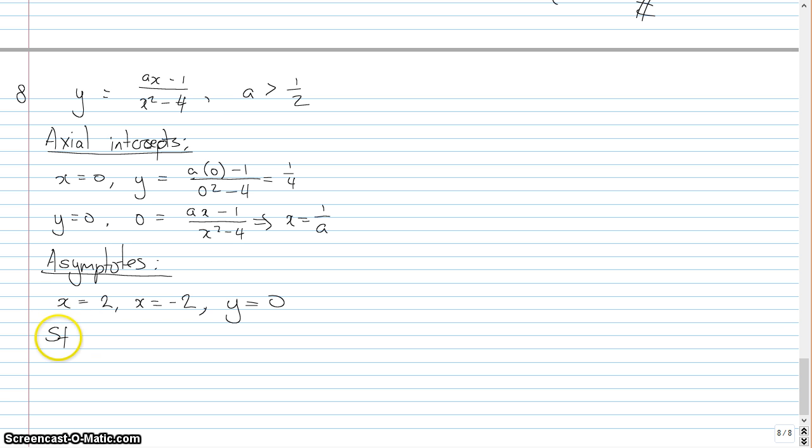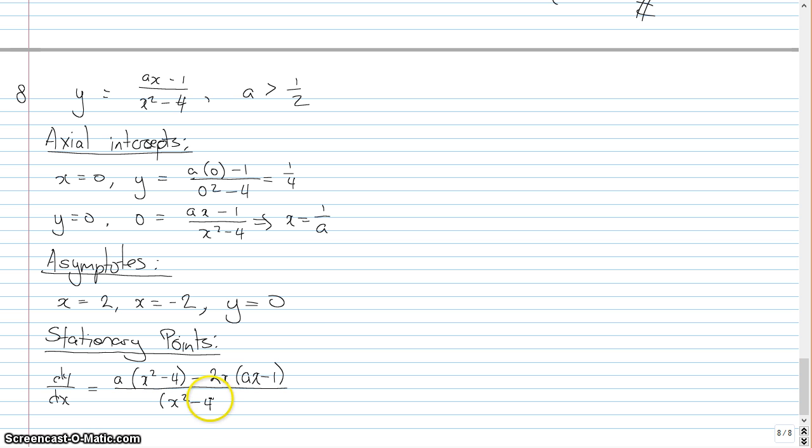What about stationary points? So for stationary points, we ought to try differentiating this beast. What do we get? We get dy by dx is equal to (a(x squared minus 4) minus 2x(ax minus 1)) over (x squared minus 4) squared.